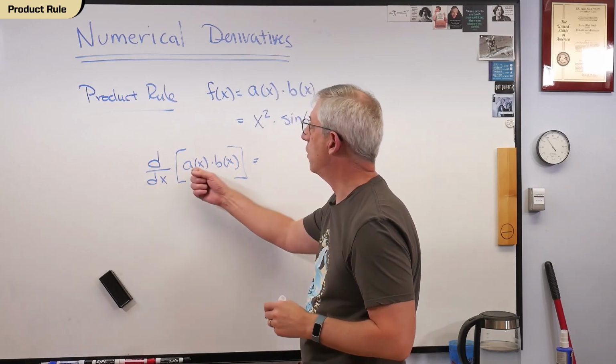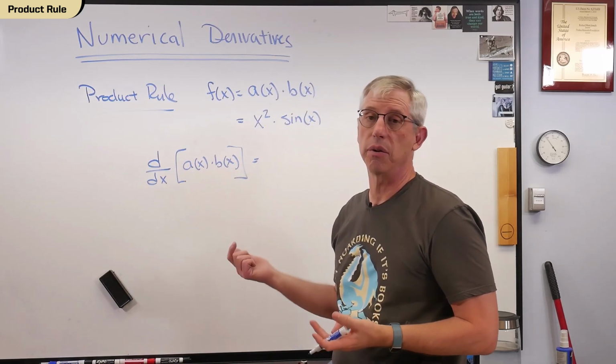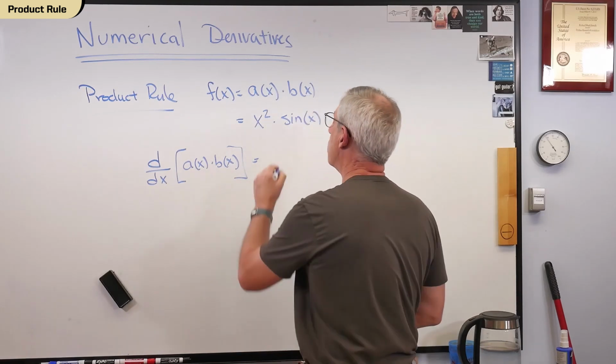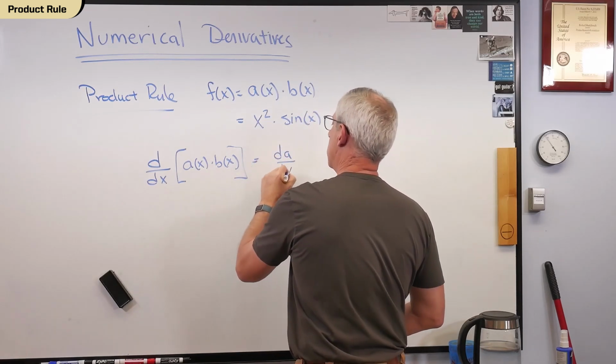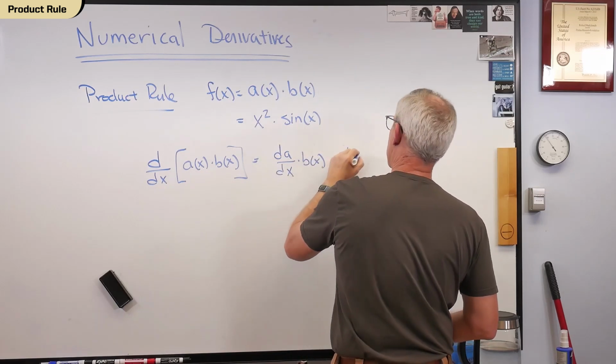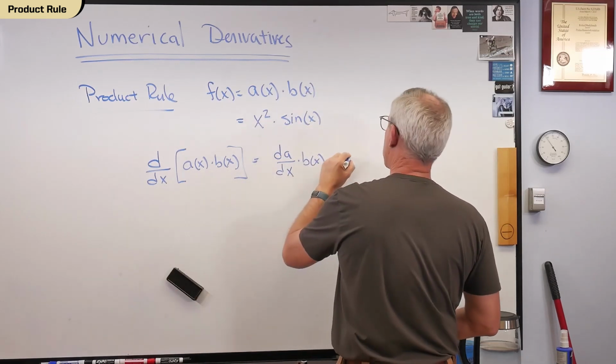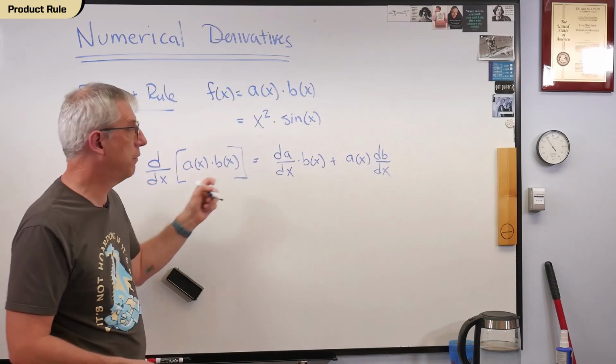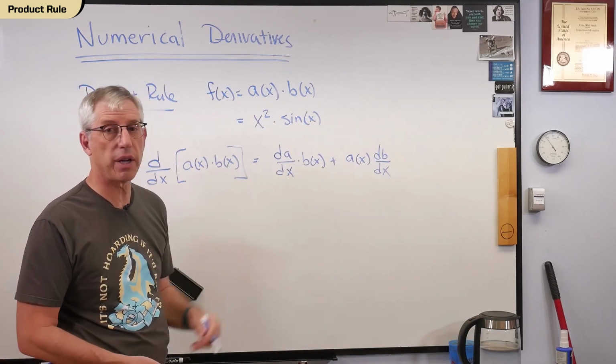Equals just the derivative of the first times the second plus the derivative of the second times the first. That's easy to write. In fact, let me write it down here first. Okay. Derivative of the first times the second plus the derivative of the second times the first.